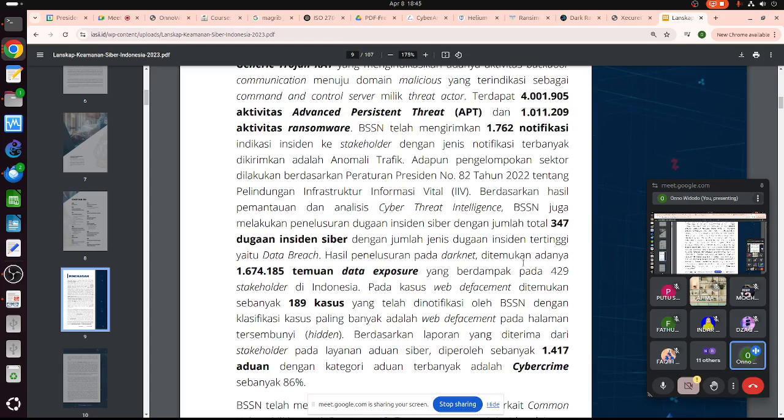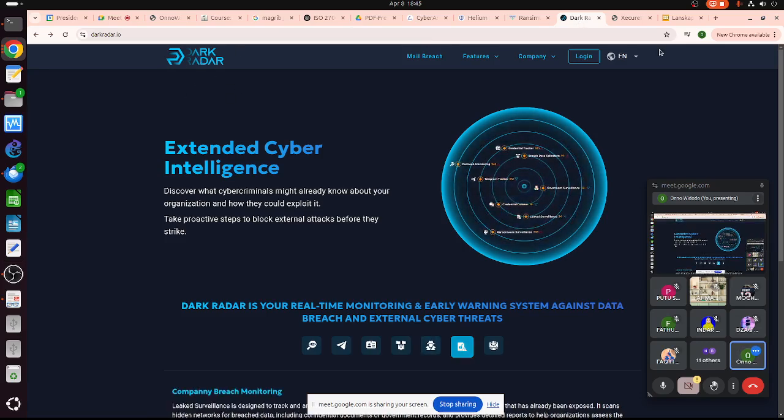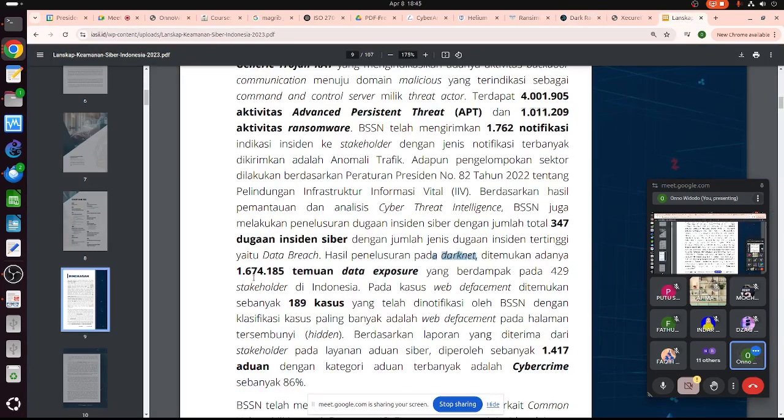And in the darknet, here, this one, dark radar, we have 1 million something data leakage. So that's a lot. Around 400-something institutions expose their data. So this is brutal actually. If we see the actual statistics, it's very dangerous.